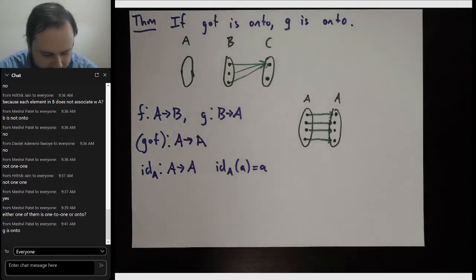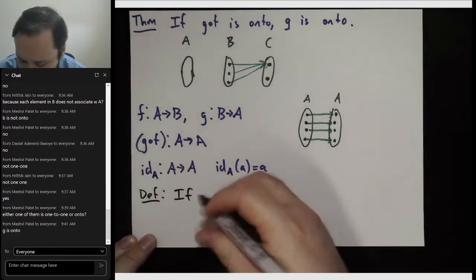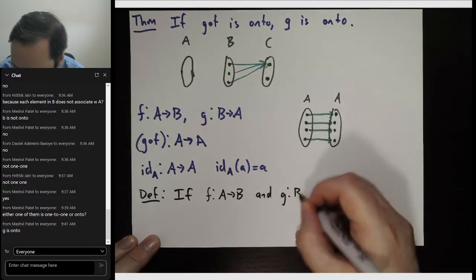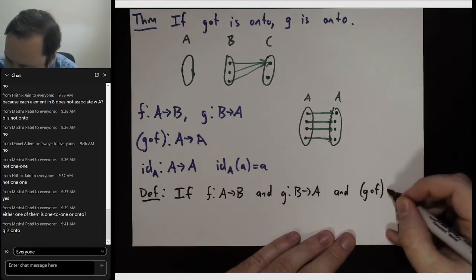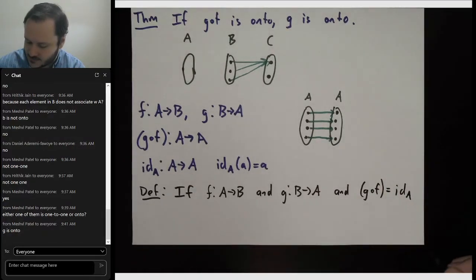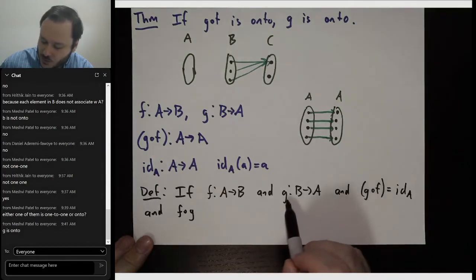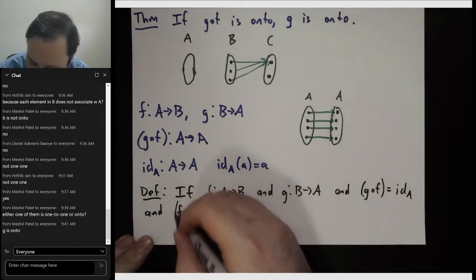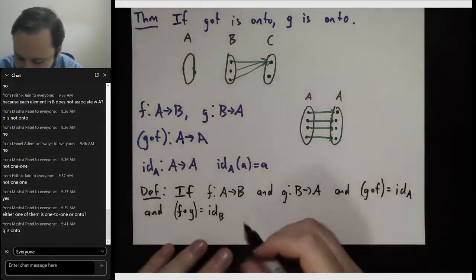So here's an important definition. If f is a function from A to B, and g is a function from B to A, and g composed with f is equal as a function to the identity function on A, and f composed with g, so I start with g, I plug in a b, I get out an a, I take that a, I shove it into f, f gives me back a b, is equal to the identity on B, that's how we're going to define an inverse function.